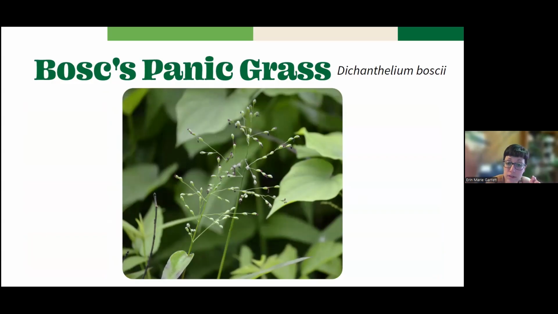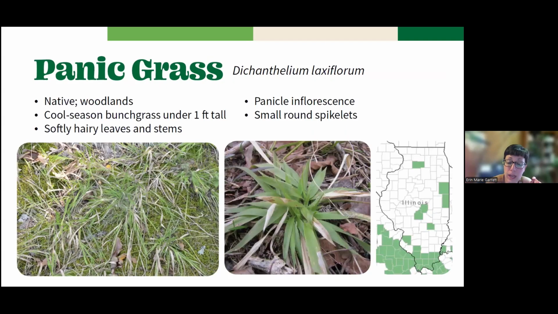Okay, the last one we're going to look at: Dicanthelium laxiflorum. This one we just call in general panic grass. Just because we have a grass doesn't mean it's gotten its own specific common name.